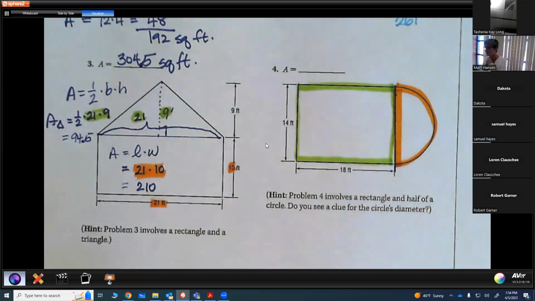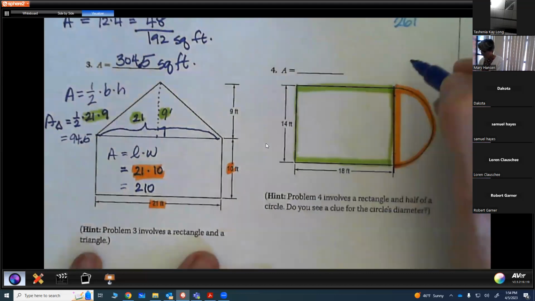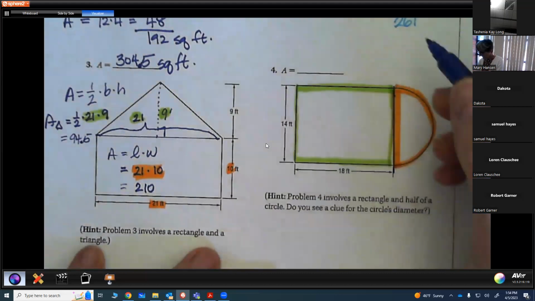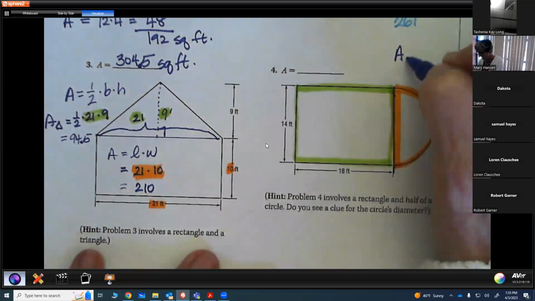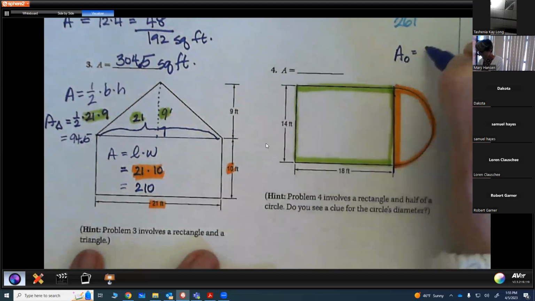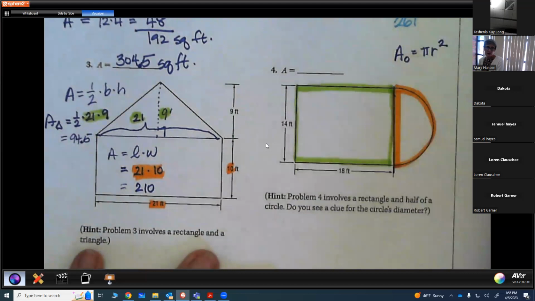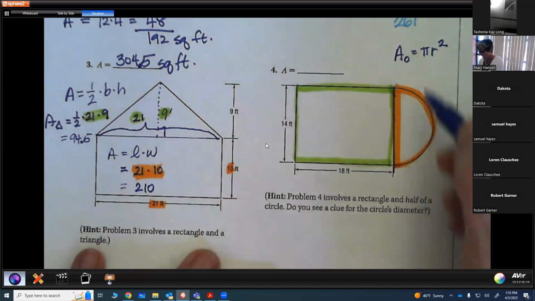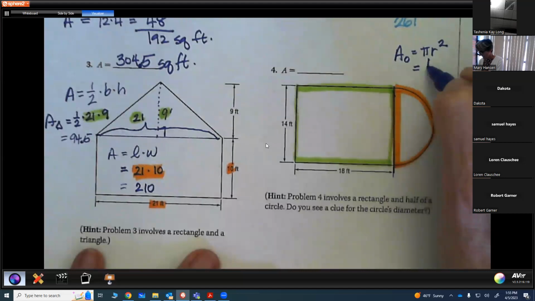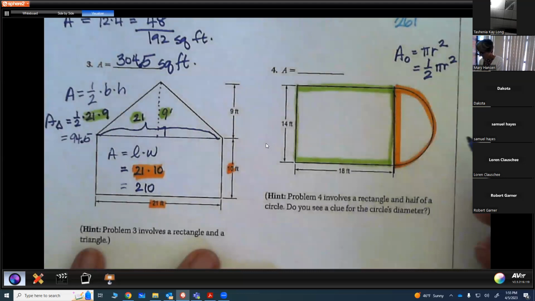Okay, the formula is pi times r squared. So the area of a circle is pi r squared, but we only have half a circle, right? And so we're going to do 1/2 of the pi r squared for our half circle.